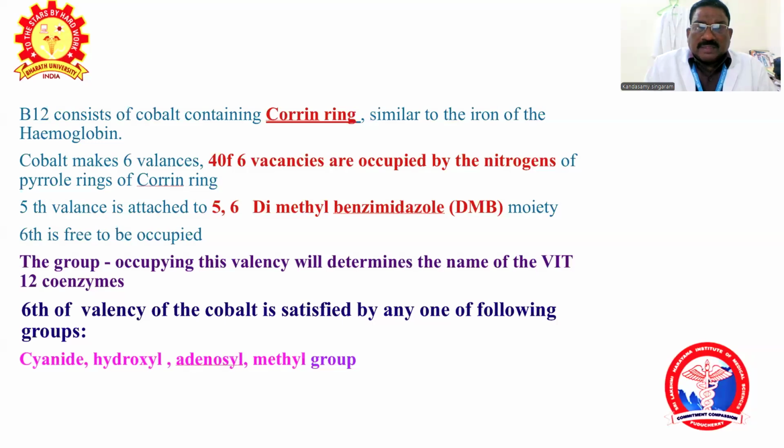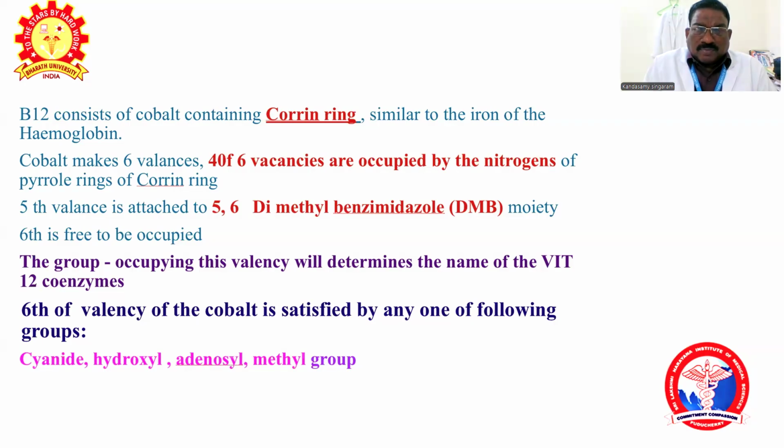How are they arranged in vitamin B12? B12 consists of a cobalt containing corrin ring, similar to the iron of hemoglobin and chlorophyll. Cobalt makes 6 valences.